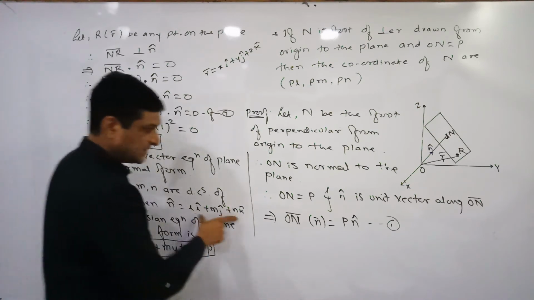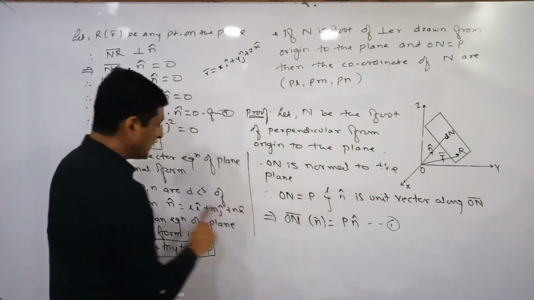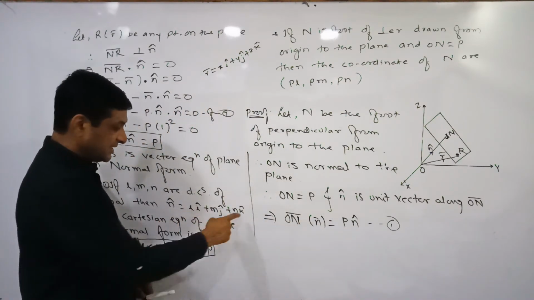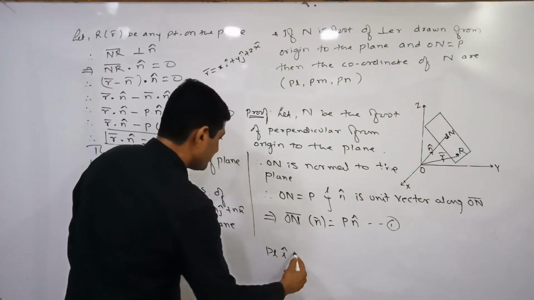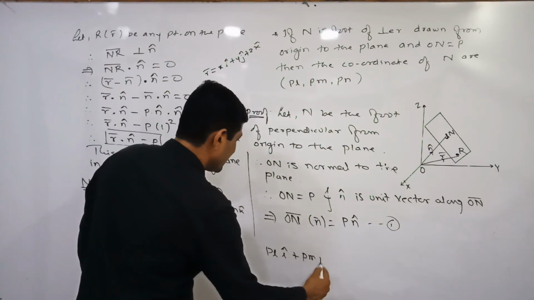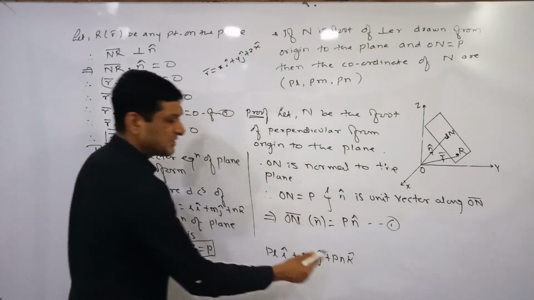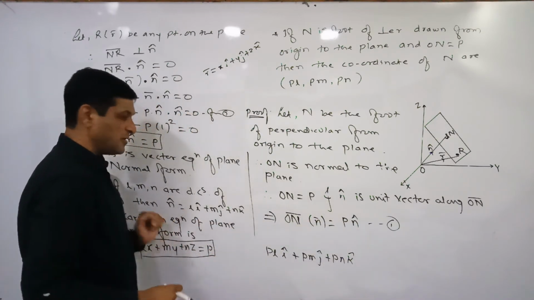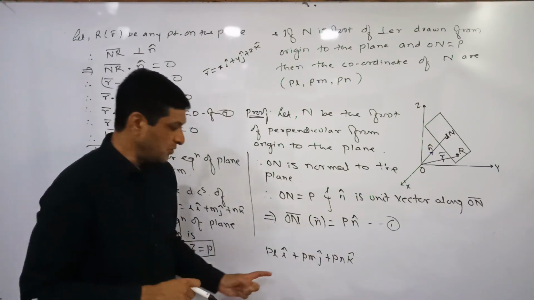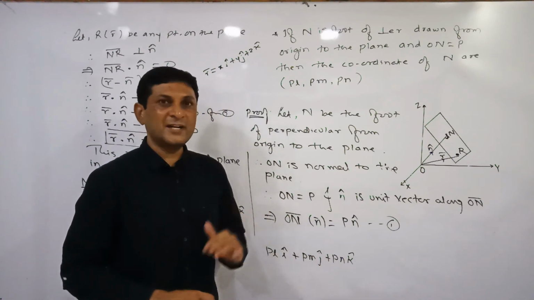If I substitute this value of n cap here and multiply the whole term by p, what will we get? pl i cap plus pm j cap plus pn k cap. This is the result we get if we multiply n cap by p. And we know that the coefficients of i cap, j cap, k cap are nothing but the coordinates of that point.